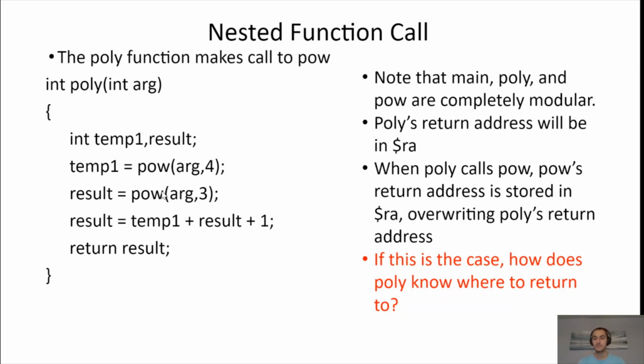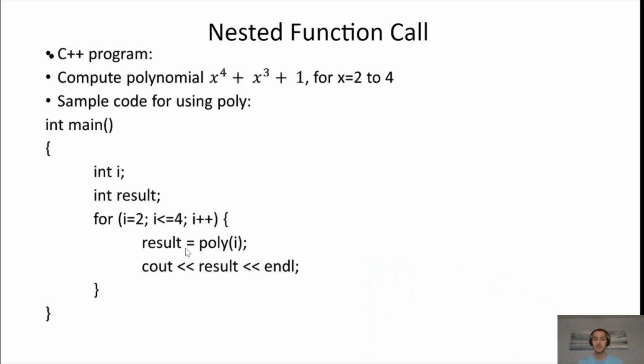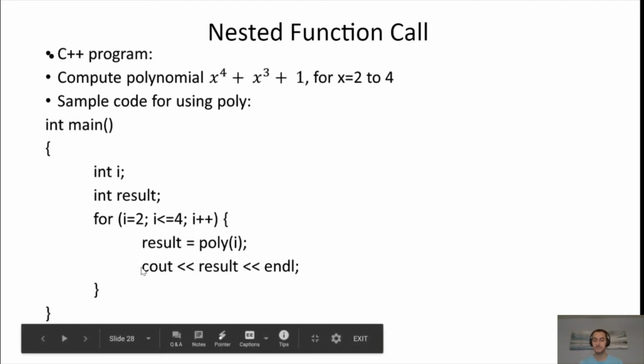Here it's going to get a bit tricky. What is going to happen if we look from here? Let's look at this line. When we are calling poly, we have the return address set to this location, which is the next line.